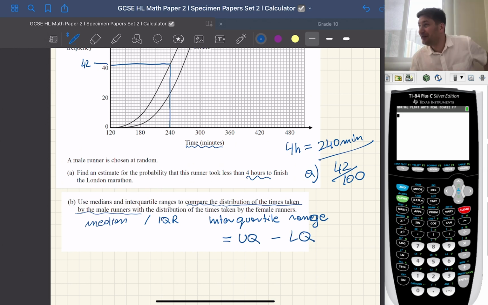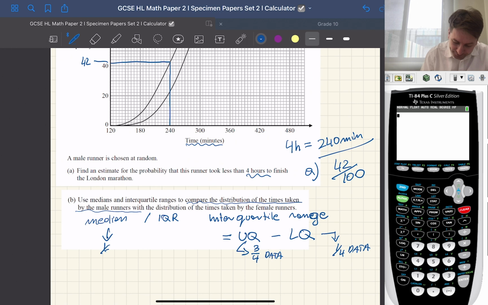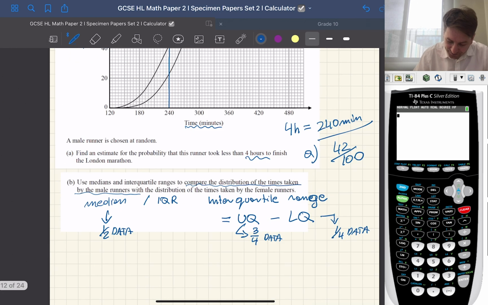Now, you might be thinking I am speaking a different language here, but I'm not. Upper quartile is 3/4 of your data, and lower quartile is just 1/4 of your data, while median is half of your data.